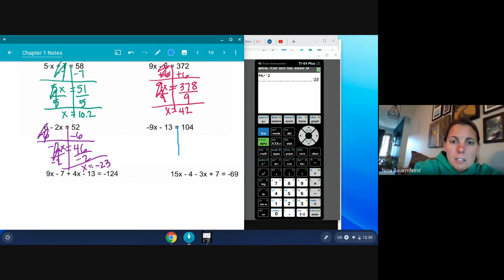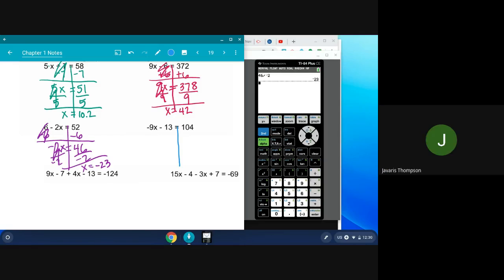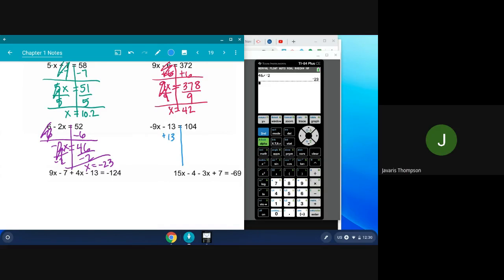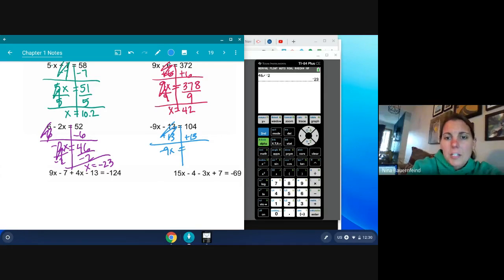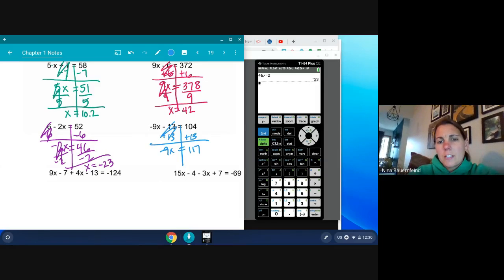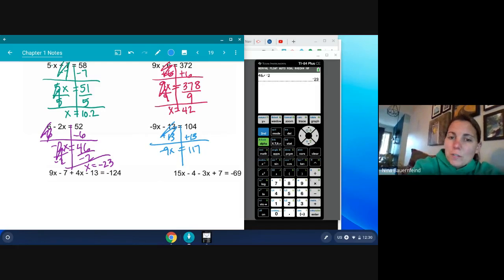All right, let's do this one. Just shout at me, you guys. What do I do first? You add 13, and you divide it by 9. Then you get the answer. Then you add the negative at the end. Gotcha. Yeah, so you do it a little different, which is just fine. So add 13, you get 117. Then he said divide by 9 and add the negative at the end, which is very true.